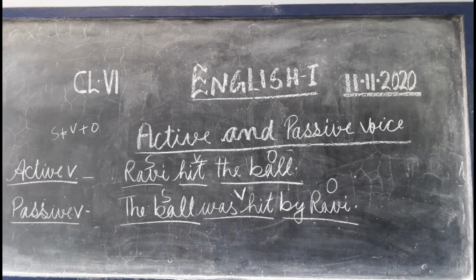The fifth rule says the subject in the active voice must agree with the verb in the active voice. The subject in the passive voice must agree with the verb in the passive voice. Example: The minister is distributing blankets among the poor. Active voice, singular subject, minister; singular verb, is distributing.